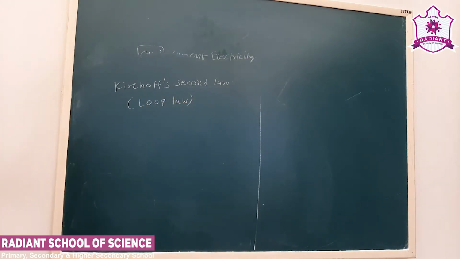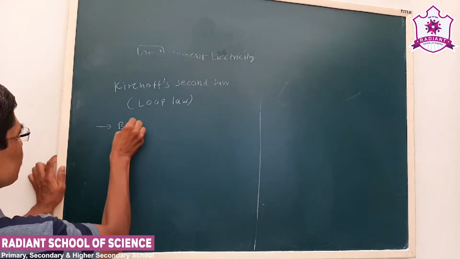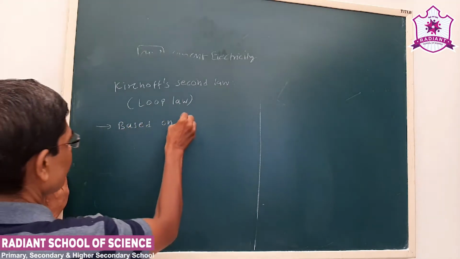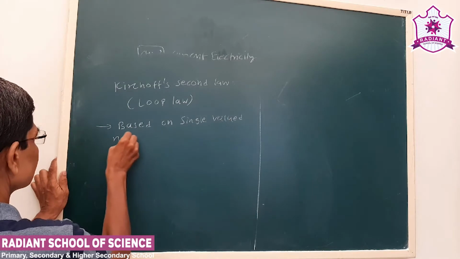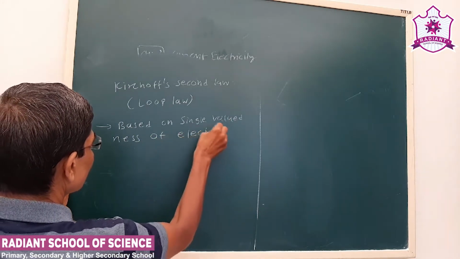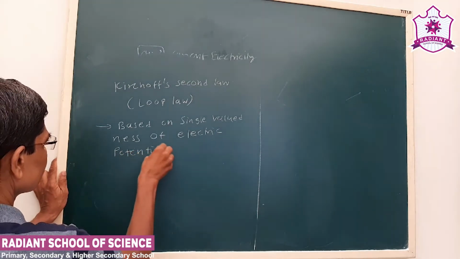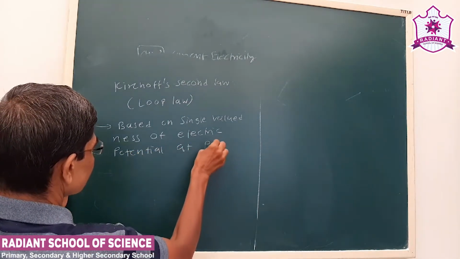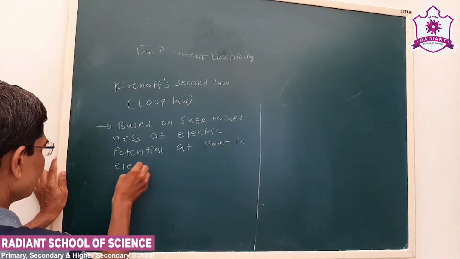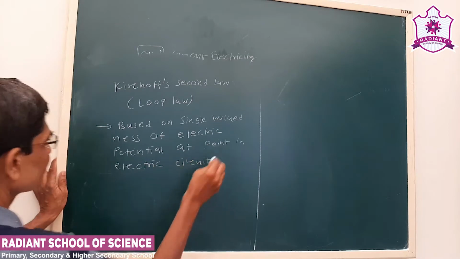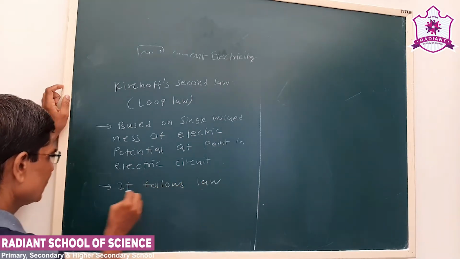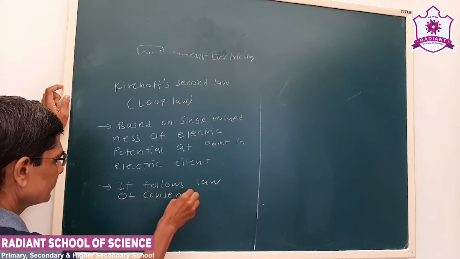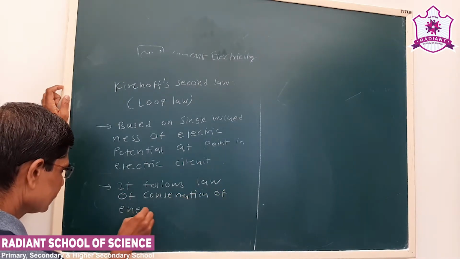Kirchhoff's second law is based on single valuedness of electric potential at a point in an electric circuit, and secondly, it follows the law of conservation of energy.